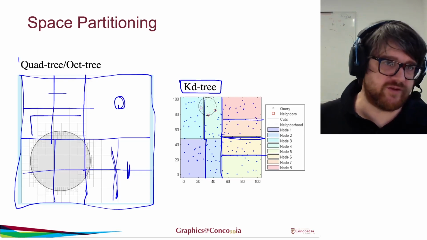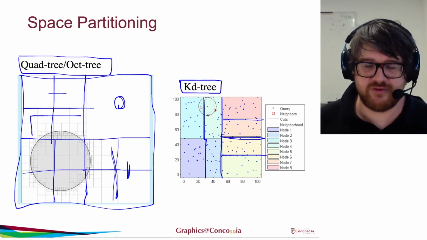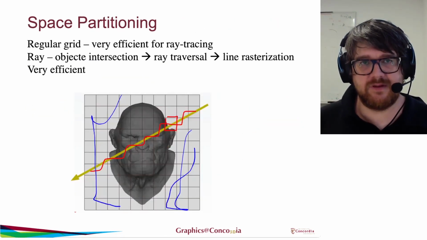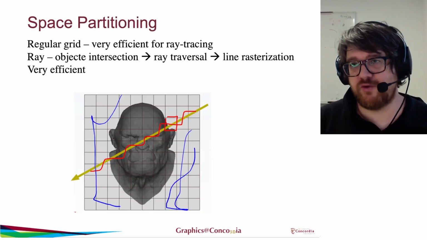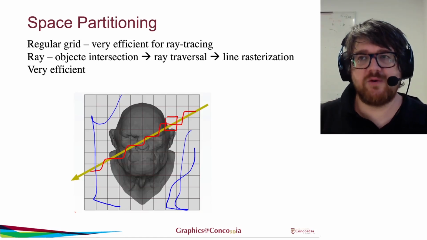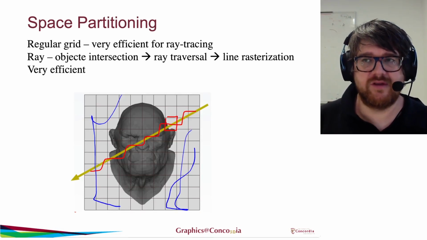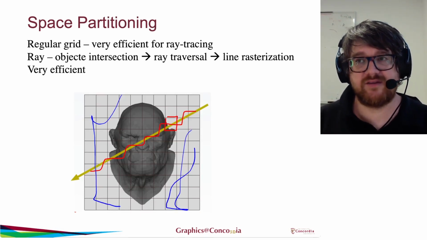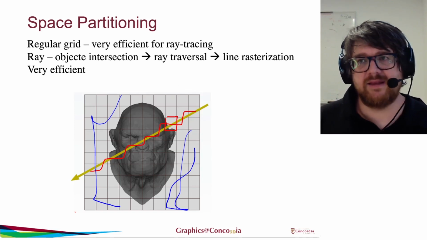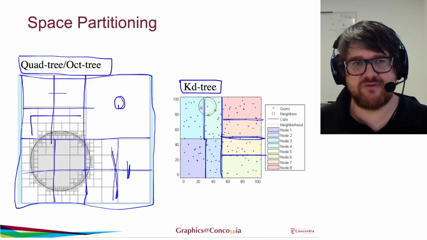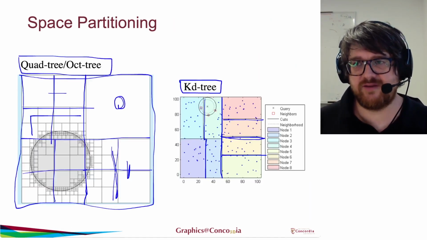But octrees and quadtrees are also used a lot, and also the space partitioning with the grid is used. So I'm going to go into more details in the following videos on how the space partitioning works. It's very cool, actually, and briefly about how the KD tree partitioning works for a ray tracer.